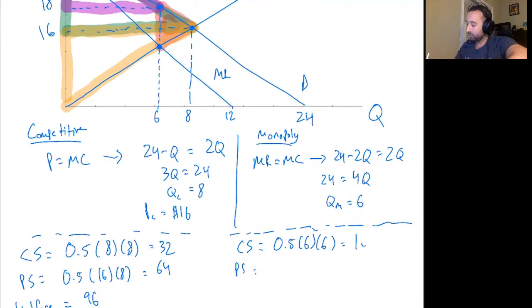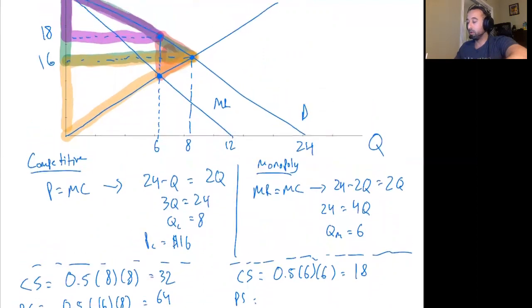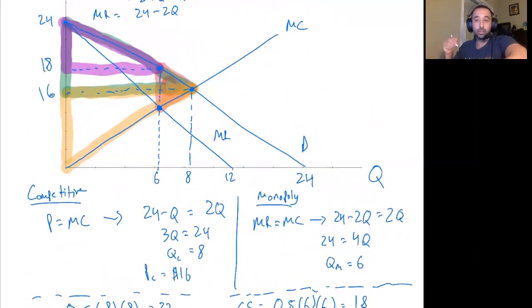And what's our producer surplus? Well, even before we start, the intuition should be that the producer surplus should be higher for the monopoly than for the competitive market, because that's the entire idea of why a monopoly would restrict quantity and increase prices in the first place, so they can make more money.